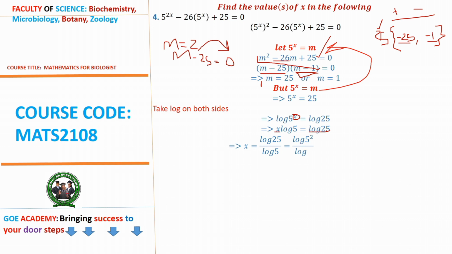Now to make x the subject of the formula, we need to divide both sides by log 5, right? And if we divide both sides by log 5, you should see that we're going to have log 25 divided by log 5 as our value of x. And log 25 can be written as log 5 squared. So we have log 5 squared divided by log 5.